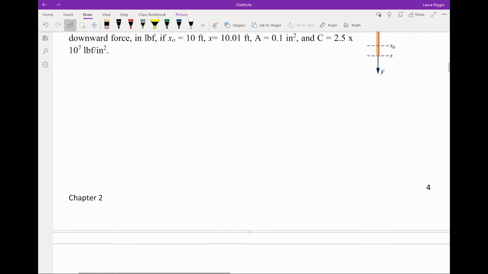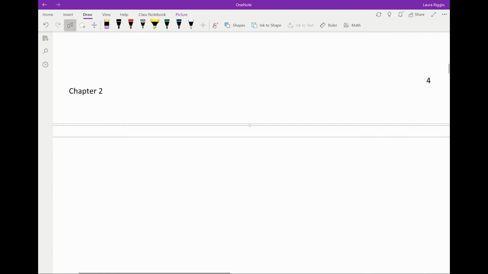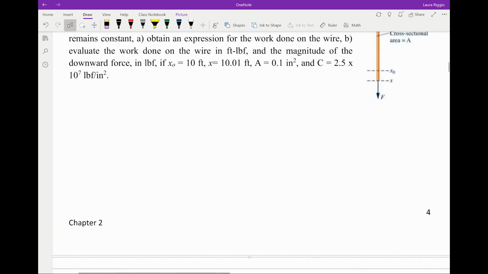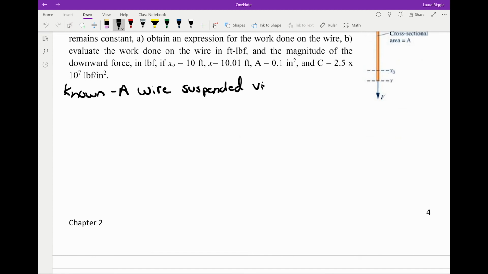So where are we going to start? Good, I have a blank page. So what do we know? We know we have a wire and it's suspended vertically.